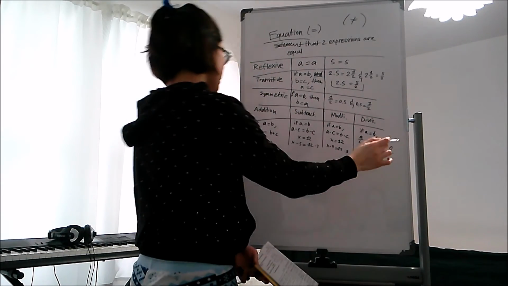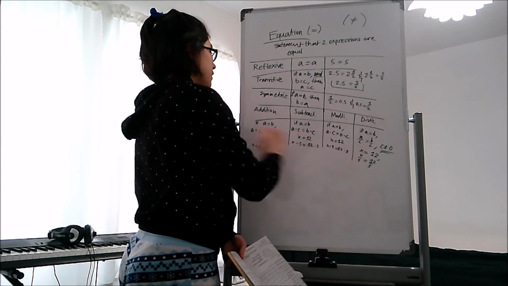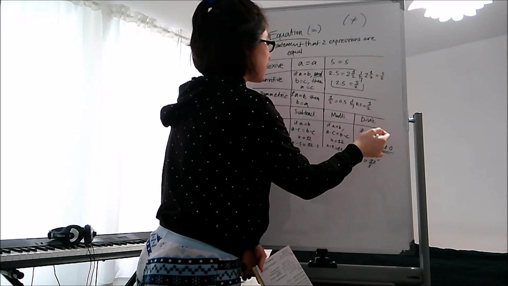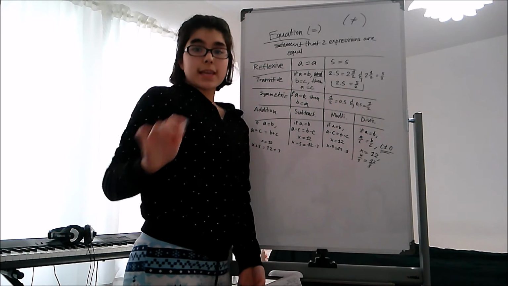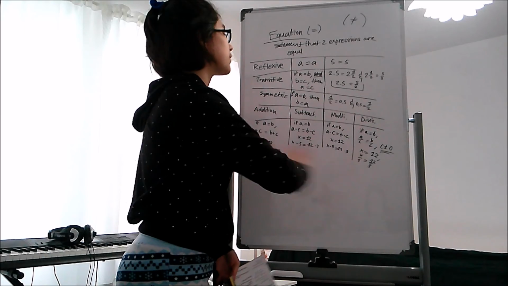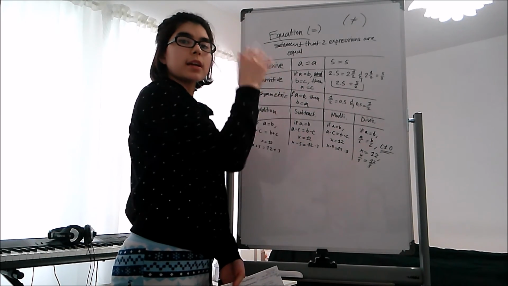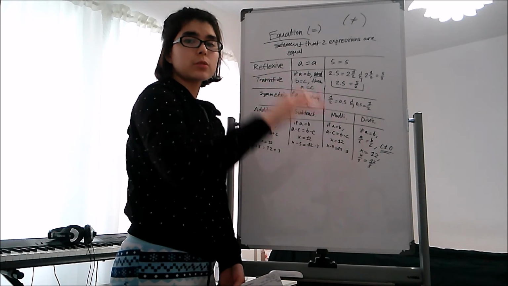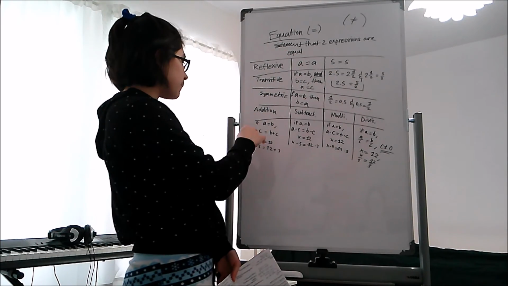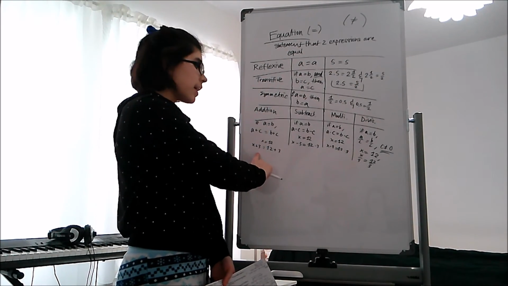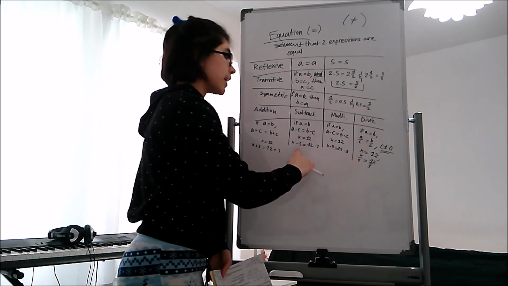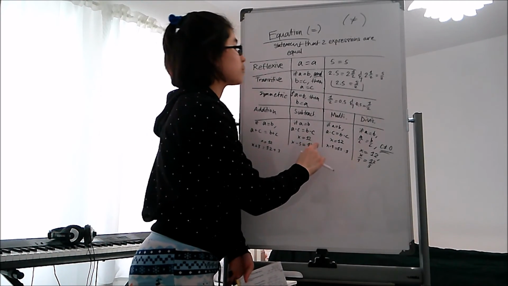Now, notice, among these four, addition, subtraction, multiplication, and division, you know what the key relationship between all four of these is? Whatever you do to one side of the equation, you have to do to the other to keep it equal. So notice here, if I add 3 on the left, I gotta add 3 on the right. I subtract 3 on the left, I gotta subtract 3 on the right.